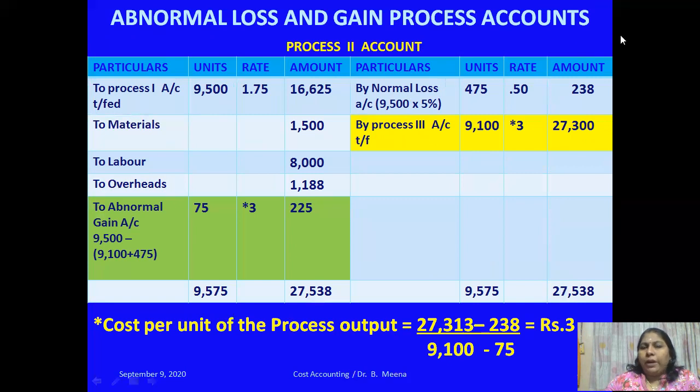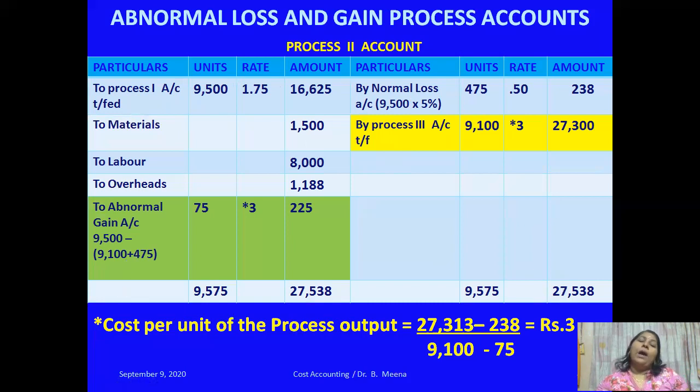Out of 9,500, 475 is my loss, and the output I'm getting is 9,100. Now add these two amounts, 9,100 plus 475. What is your calculation? 9,575. So I gave input of only 9,500, but the output along with the loss I'm getting is 9,575.